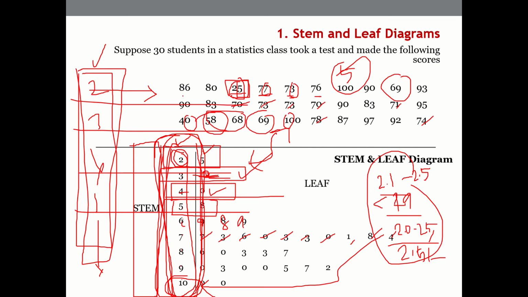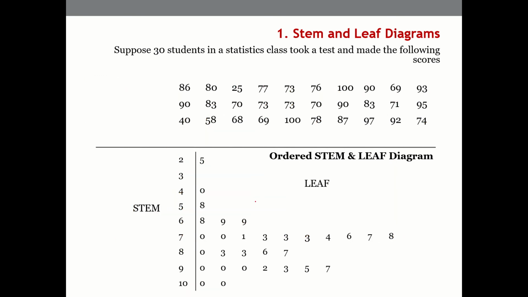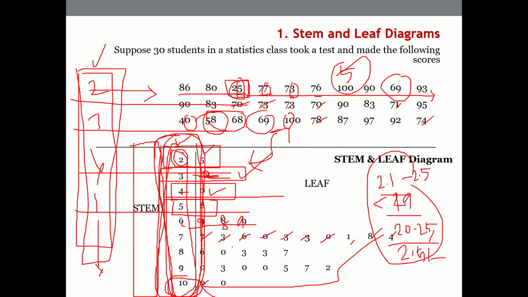This is done in an orderly manner. We have taken it based on the sequence, and then we have put it here. But as you see, it can be done in an orderly manner. It should be done in an orderly manner, rather, that's the correct word. So, for example, in the 80s, you can see 86, 80, 83, 83, 87.